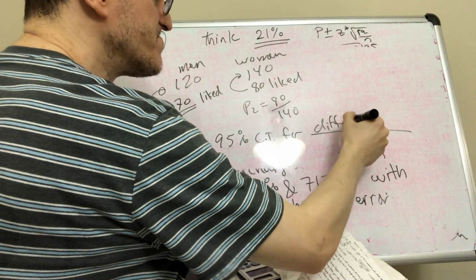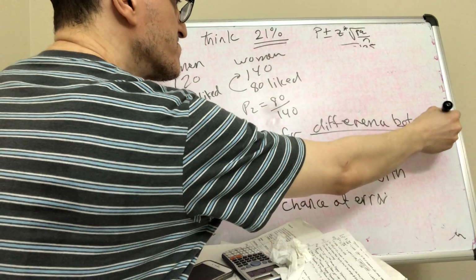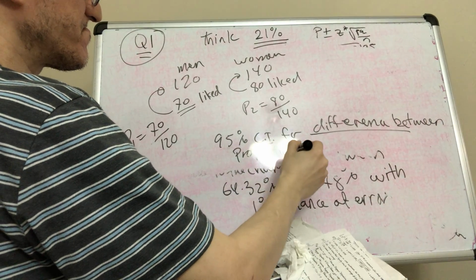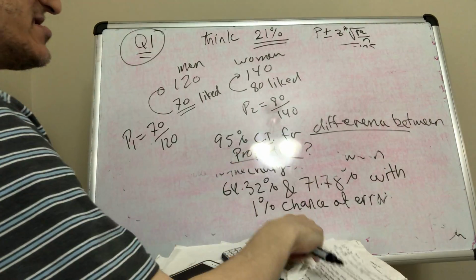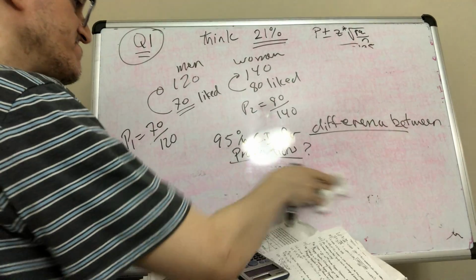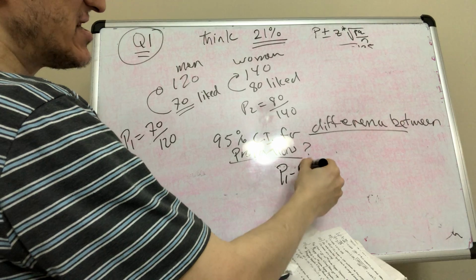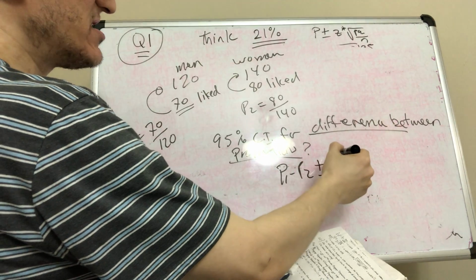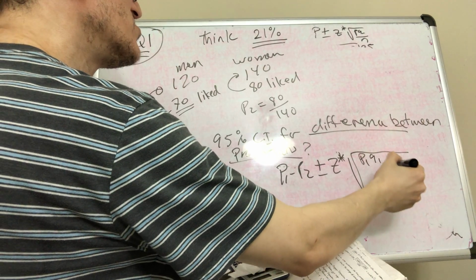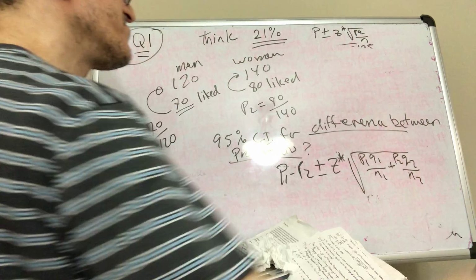the difference between proportions. If they say confidence interval for the difference between proportions, it would be P1 minus P2 plus or minus Z star square root of P1 Q1 over N1 plus P2 Q2 over N2.